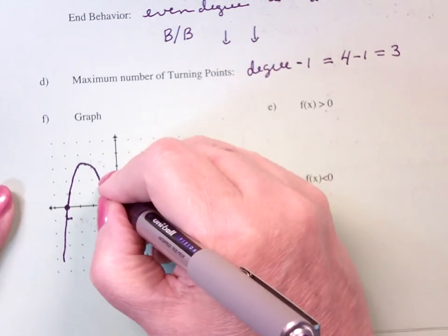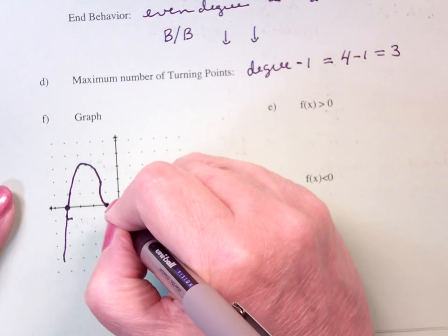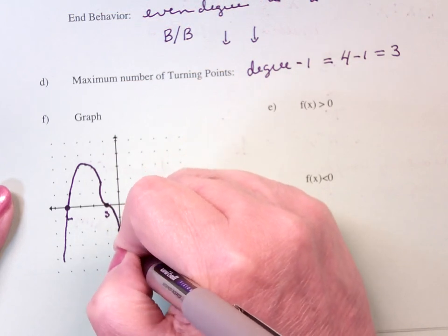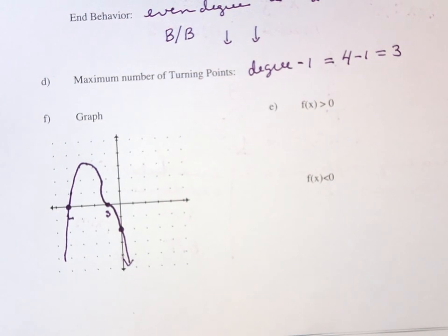So I do my best to make an S, and it's going to be kind of a reverse S, and feed it through. That's what that guy looks like. I don't know how high, but that's the shape he would make if I were to graph him.